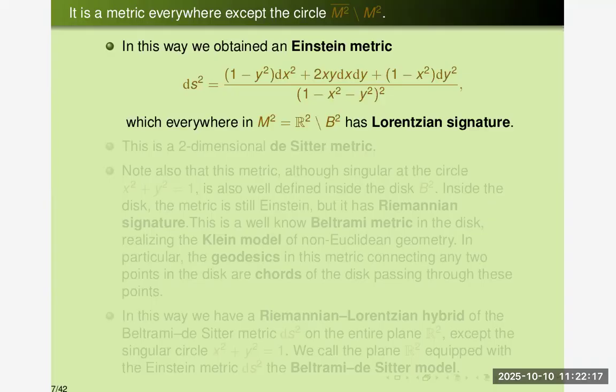And you can check very easily that if x and y are such that x squared plus y squared is greater than 1, so we are off the disk, this metric has a Lorentzian signature and is nothing but the two-dimensional de Sitter metric. The interesting thing is that, first of all, this metric blows up at the boundary.